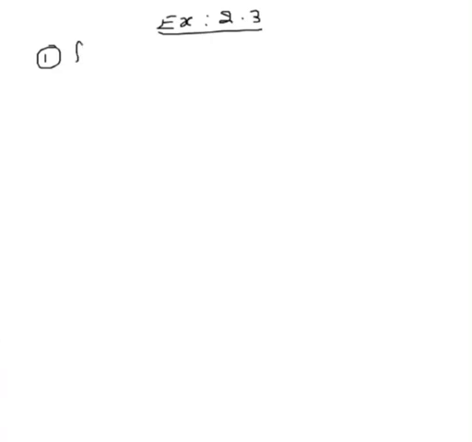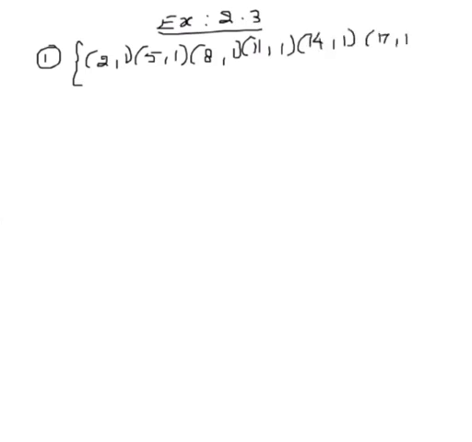The first question, it is given in roster form: (2, 1), (5, 1), (8, 1), (11, 1), (14, 1) and (17, 1). This is actually a constant function.